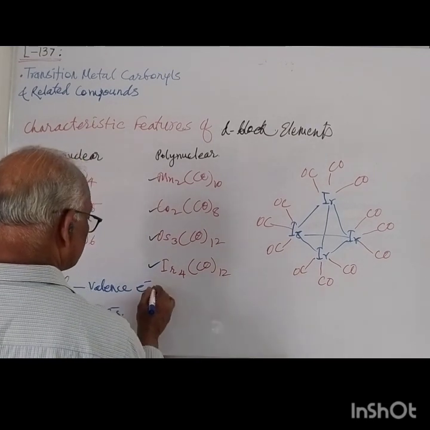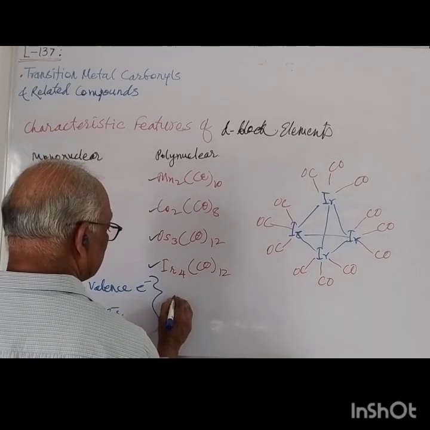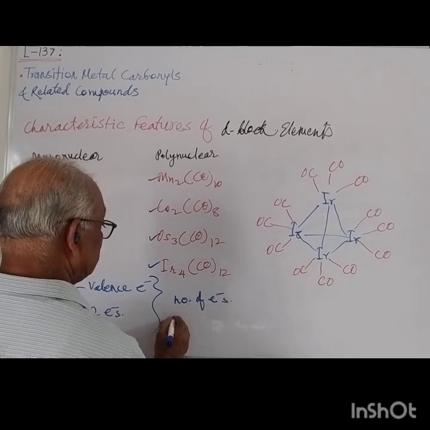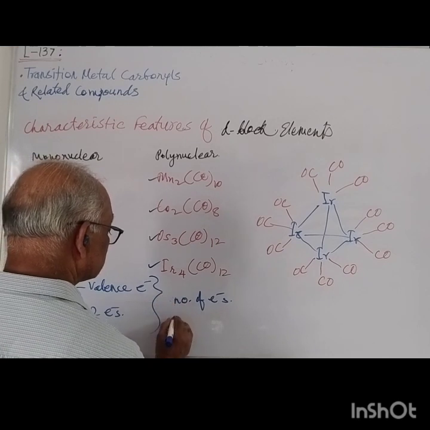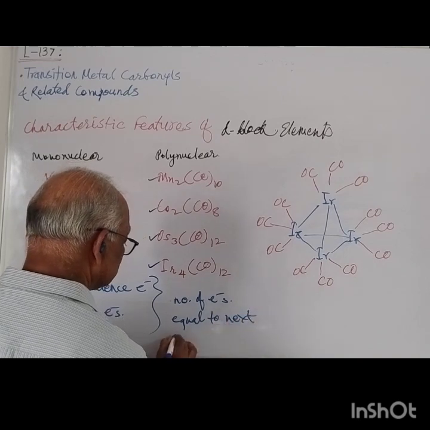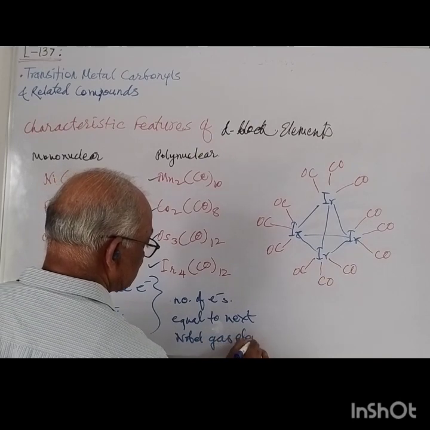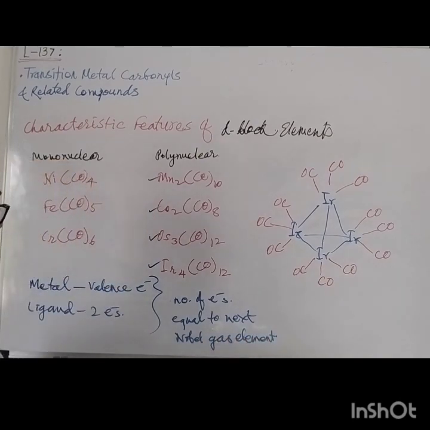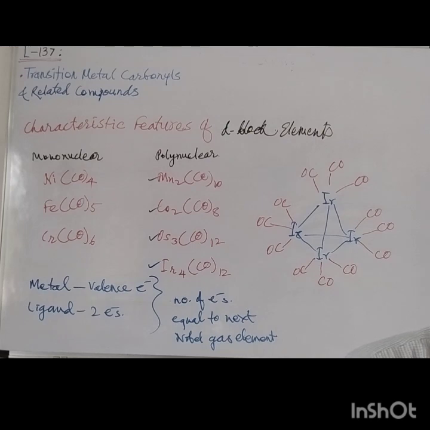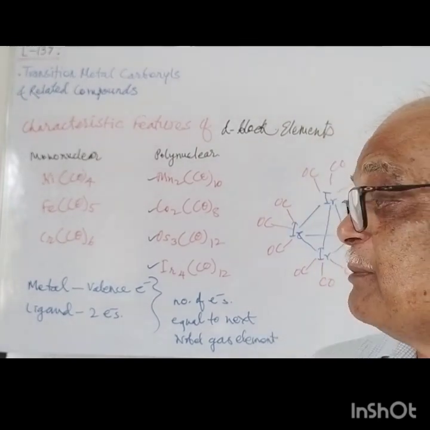And if we count these numbers, the number of electrons becomes equal to that of the next noble gas element, that is the inert gas configuration of the next noble gas. So this is called the noble gas formalism.